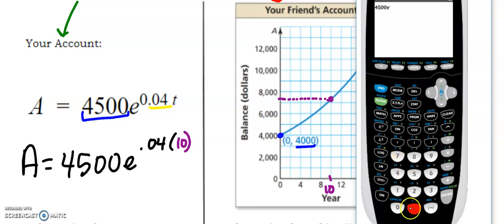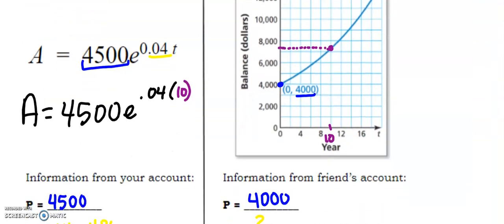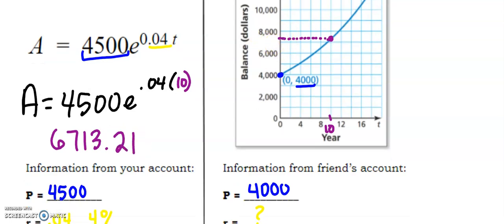E, if you have the older version, make sure you open your parentheses and do 0.04 times 10 and then close your parentheses. If you have the version that I have, you don't have to worry about that. Looks like we have $6,713.21, whereas your friend had something definitely over 7,000.